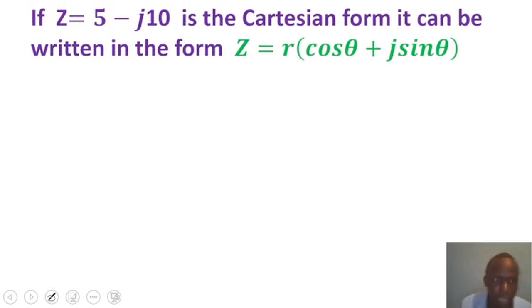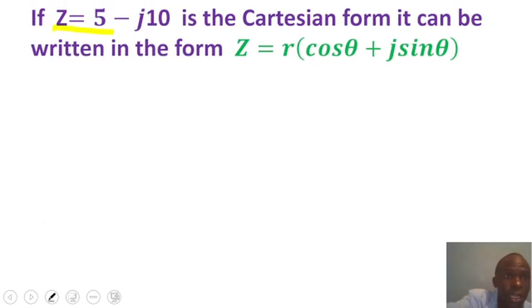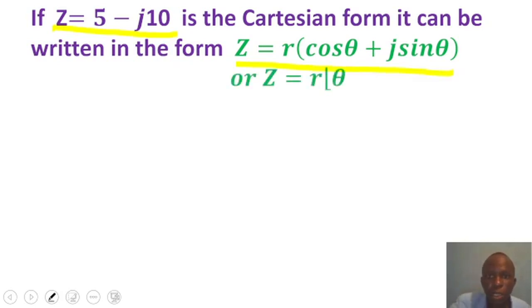If z is equal to 5 minus j10 in Cartesian form, we can write it in that form, or in that.